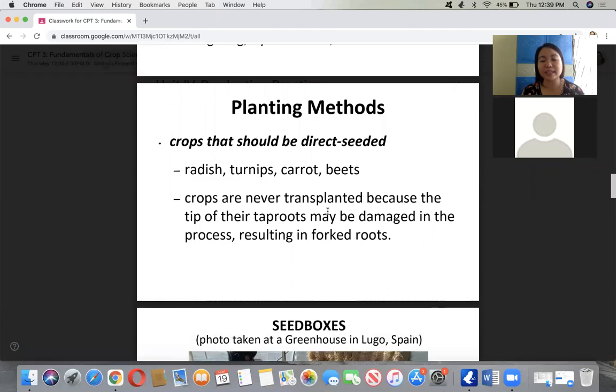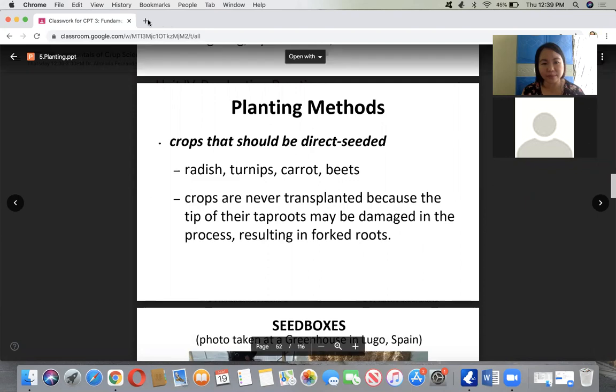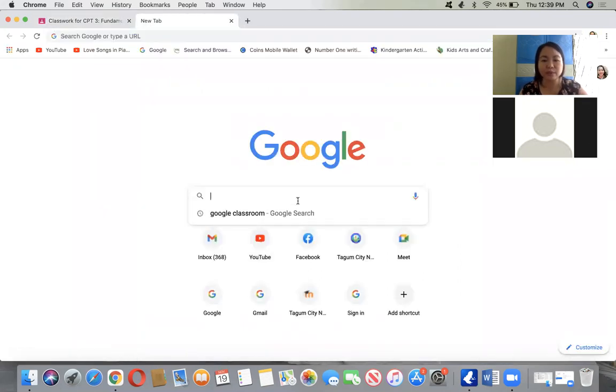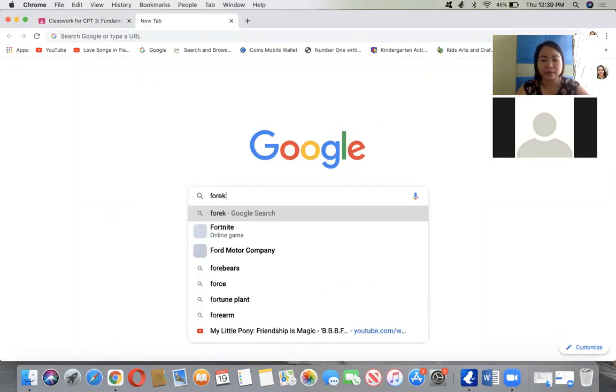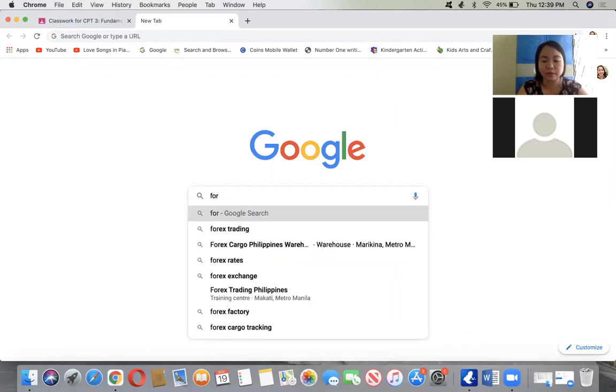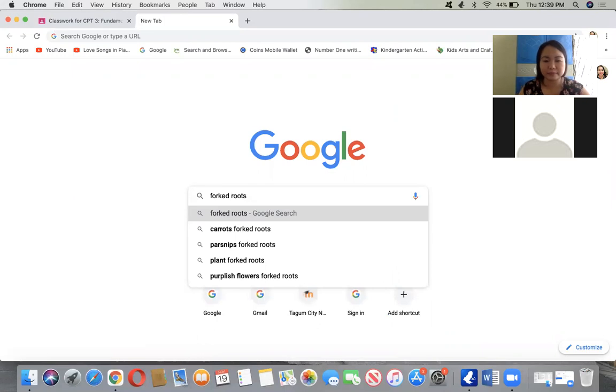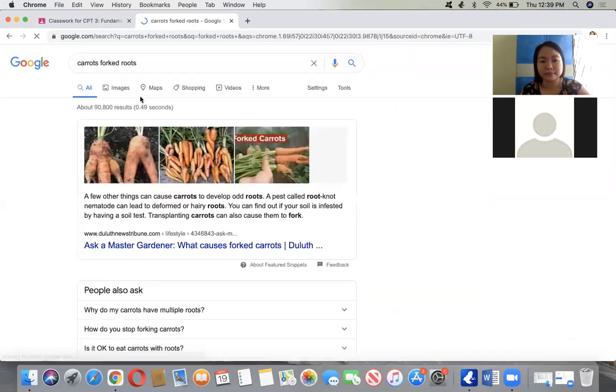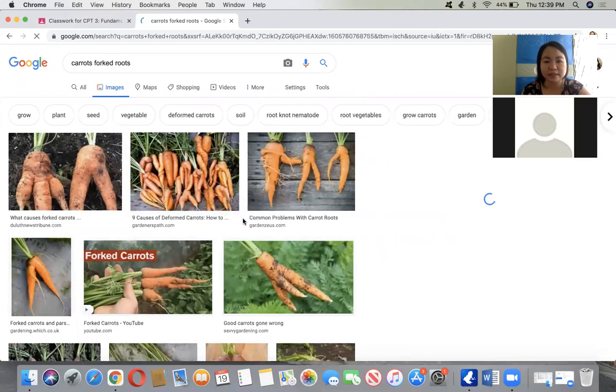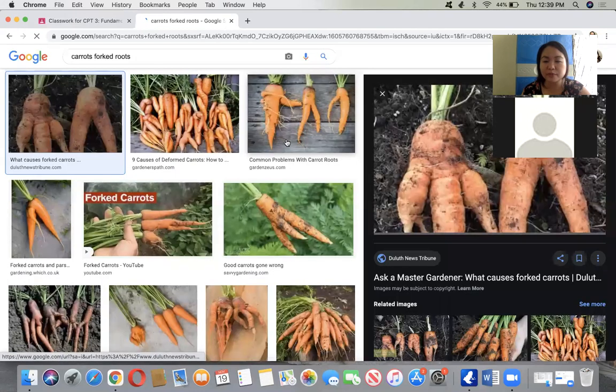The reason for this is they will have fork roots. I will show you how fork roots look like. As you can see here, double roots. Can you see it, Oliver? Yes, ma'am. So this is not good for the consumer.